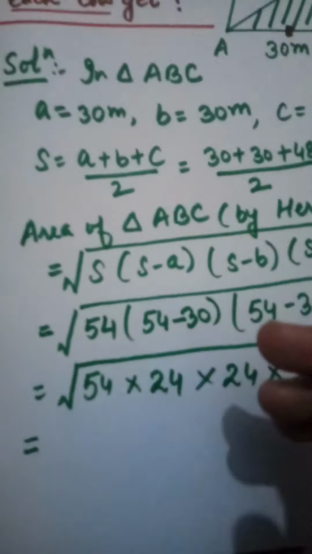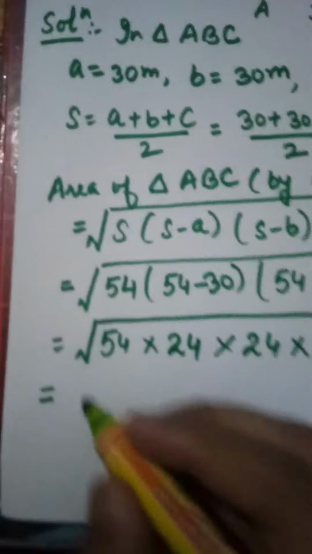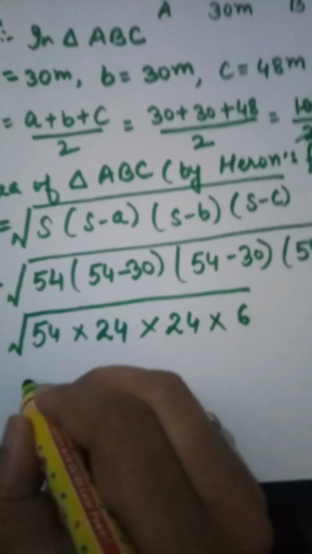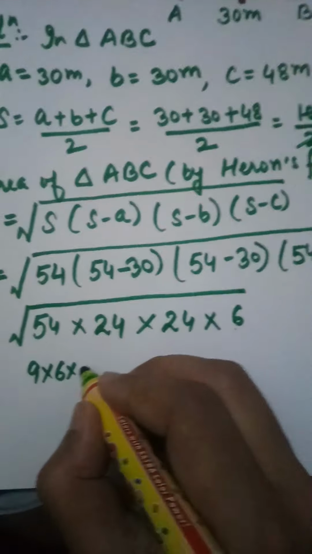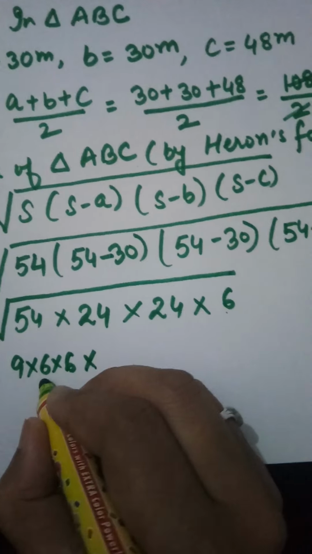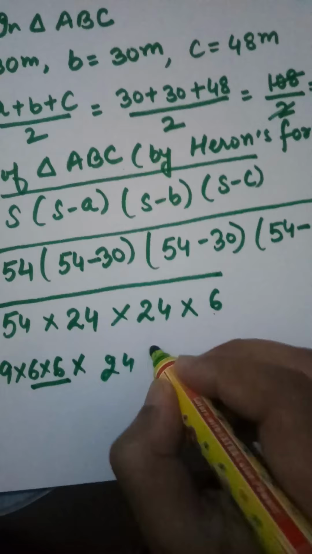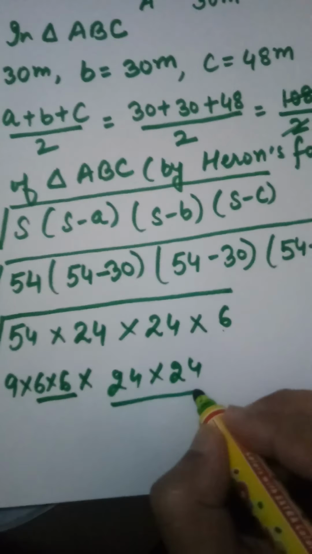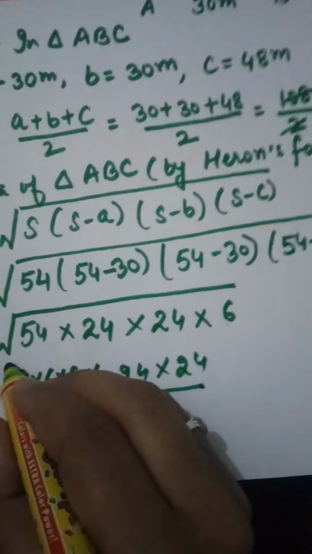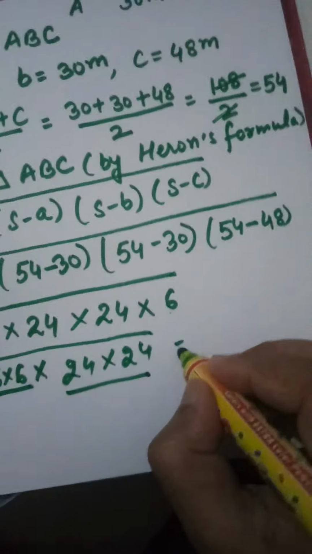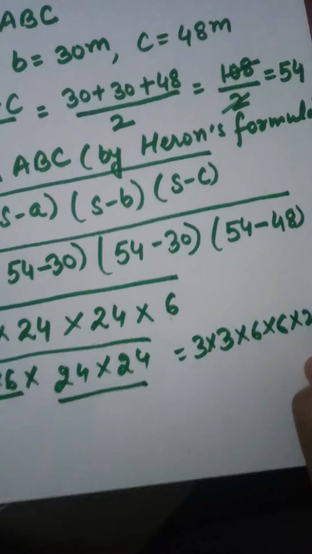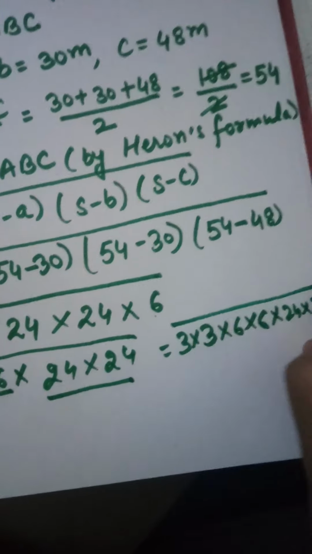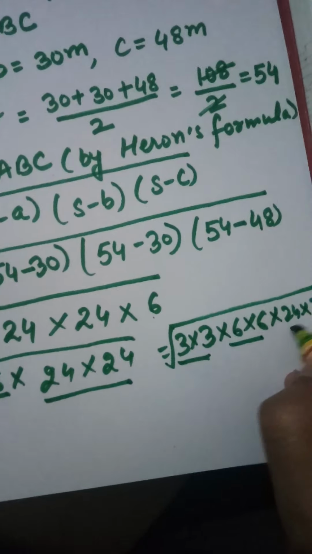Now 54 can be written as 9 into 6, and we have a 6 here also, so I'm making that pair, completing the pair of 6. And 24 and 24 is already a pair. Now what is left? 9. So in the next pair I can write 9 as 3 into 3, so we have 3 into 3 into 6 into 6 into 24 into 24 under the root. So here I have all the pairs.